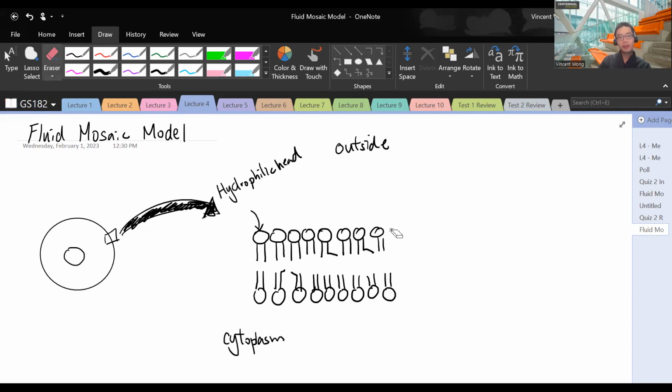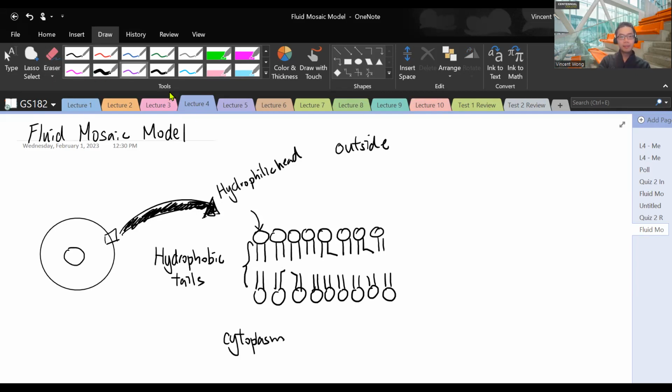So the hydrophilic head either faces the outside of the cell, which is mostly water, or it's going to be facing inward in the cytoplasm, which also is mostly water. Now, in between the hydrophilic heads, you would have the hydrophobic tails. Right, so it forms a nice barrier that helps block unwanted trafficking across the cell membrane.